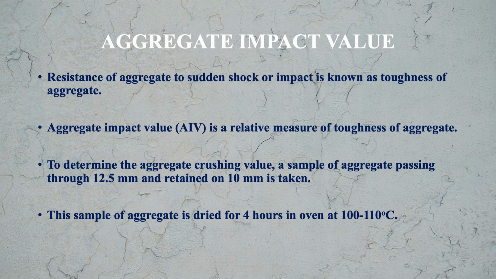To determine the aggregate impact value, a sample of aggregate passing through 12.5 mm and retained on 10 mm is taken. This sample of aggregate is dried for 4 hours in an oven at 100 to 110 degrees centigrade.